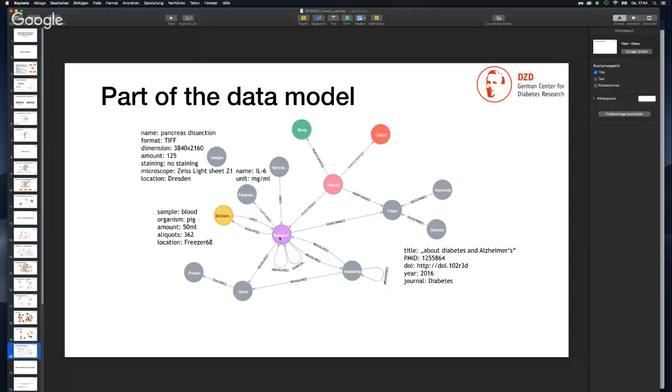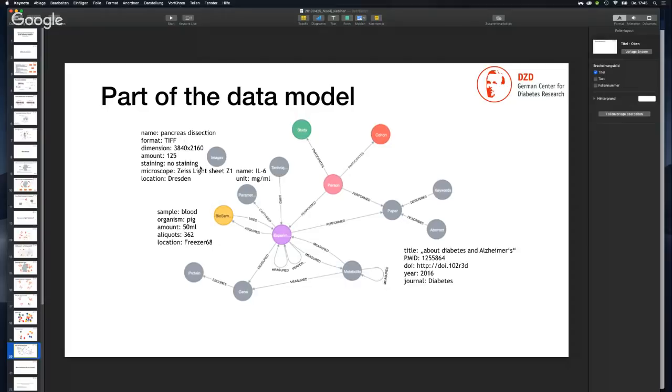And in these experiments, we capture different parameters, or we acquire different biosamples like blood or urine or even nerves from different organisms. And we can browse here in the Neo4j database how many samples we have, what's the size of the data sample, and so on, in which freezer they are, so all this kind of metadata.